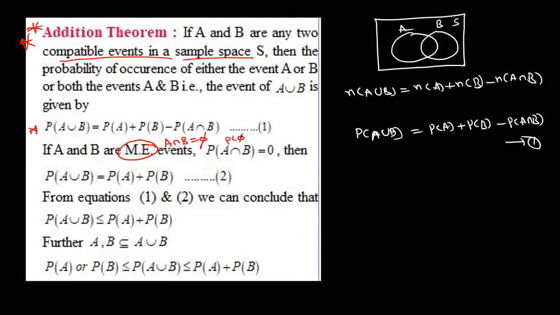That means P of phi is 0. Then this is the answer. Dear student, it's very, very important. From equations 1 and 2, what are you getting? P of A union B is always less than or equal to P of A plus P of B. Most of the questions you can expect from this chapter, from this topic, addition theorem.